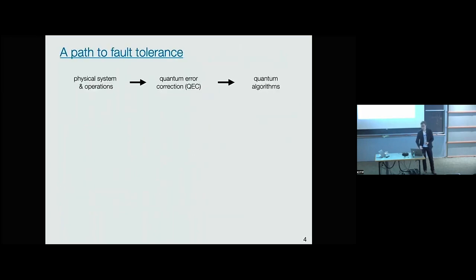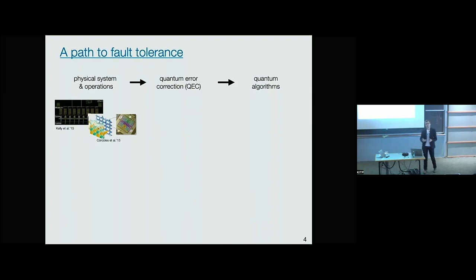So here's how I view a path to fault tolerance that will allow us to have noisy components that we put together in a smart way, so that we can run some meaningful quantum algorithms. So first, we start with some physical system, and we understand the native operations in the system.